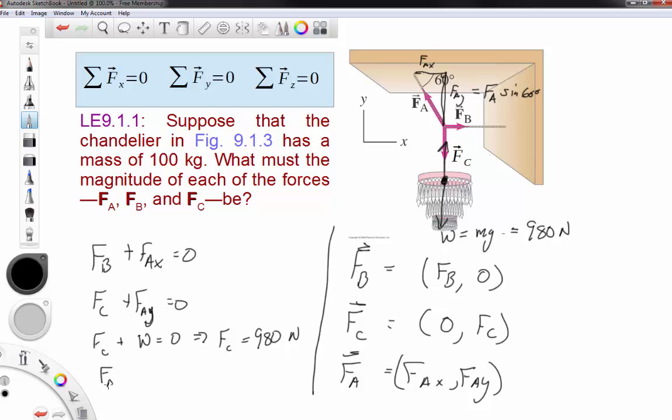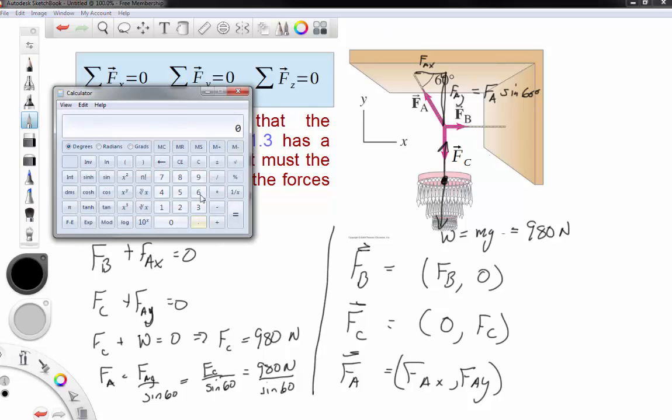So FA, therefore, is going to be given by FAY over sine of 60 degrees. And so that's going to be, in this case, FC over sine of 60 degrees. Again, we only care about magnitudes here. So that's 980 newtons divided by the sine of 60 degrees.